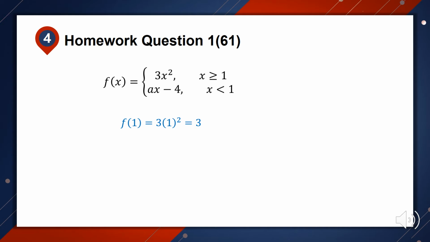The limit as x goes to 1 from the left of ax minus 4 equals a minus 4, so a minus 4 equals 3. Then a is equal to 7.